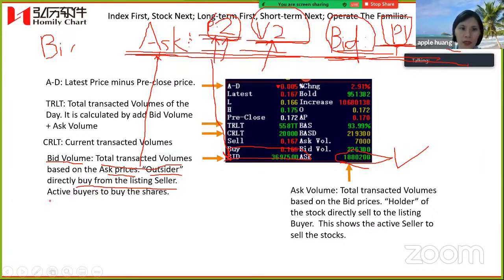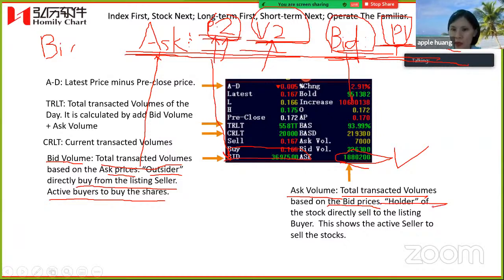This is the active buyer buying the shares. Contrastingly, ask volume is the total transacted volume based on the bid price, because the person holding the stock agreed to sell at a lower price.